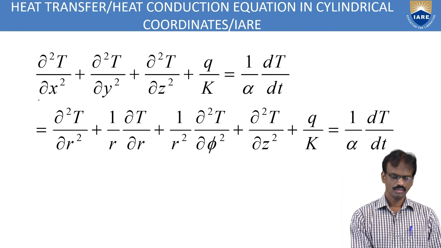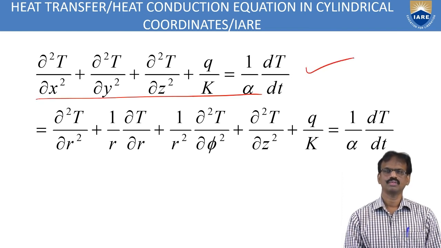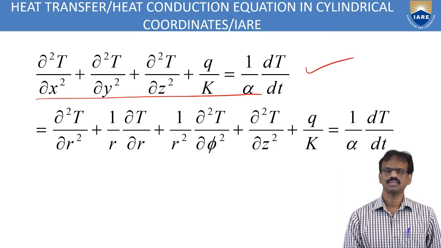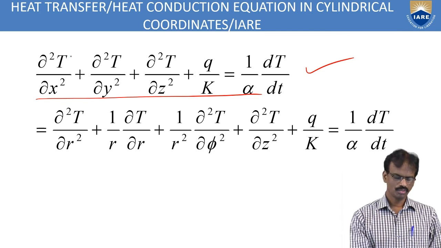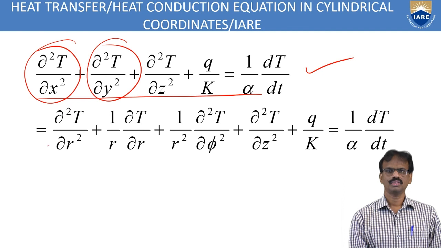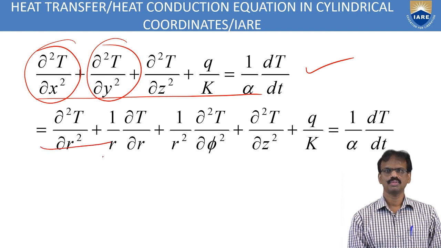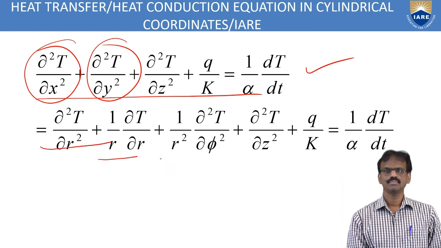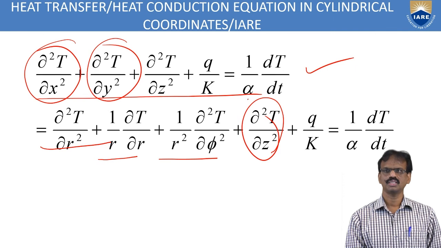That value is equal to ∂²T/∂r² plus 1/r · ∂T/∂r plus 1/r² · ∂²T/∂θ². ∂²T/∂z² is the common term, so there is no change.